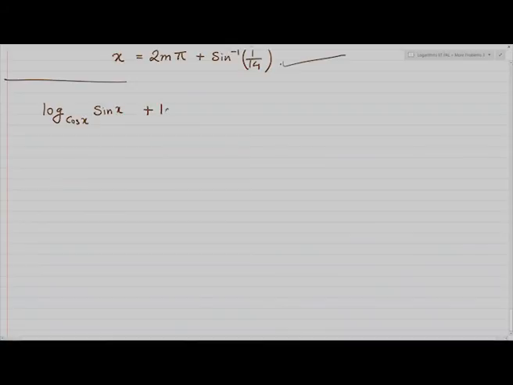Another thing is log of, obviously you can guess, then I will write here log of cos x with base sin x, and this is equal to 2, and I will solve for all values of x. So, this is the twist now. Now, it is in the base. So, if something is in the base, what are the conditions? If a is the base, a should be greater than 0 and a cannot be equal to 1. This is the trick.